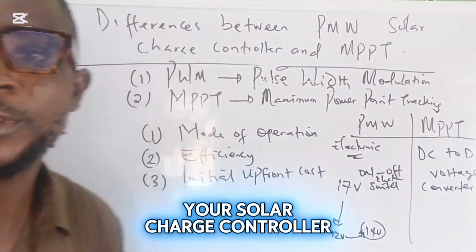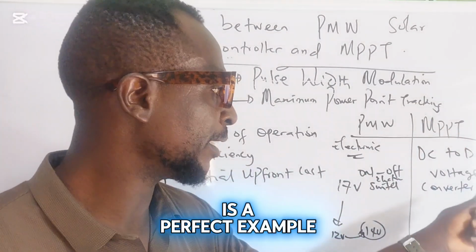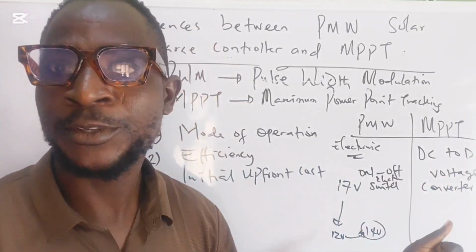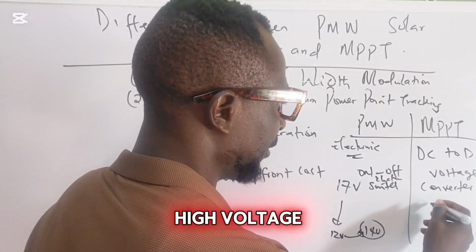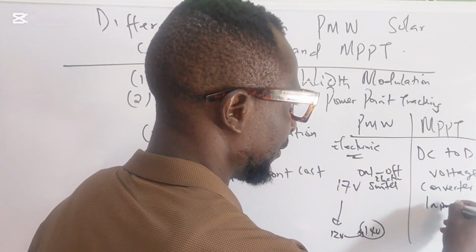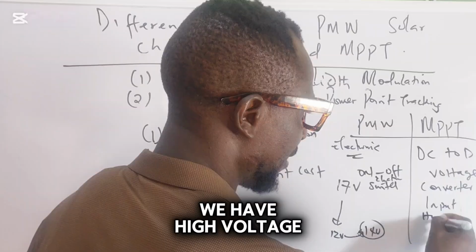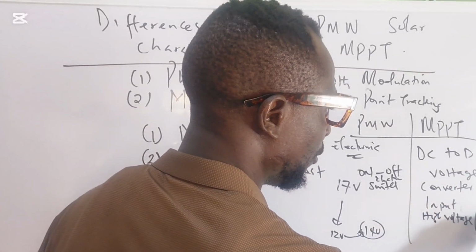MPPT solar charge controller is a perfect example of a DC to DC voltage converter. What does this mean? It takes high voltage, the input voltage, which is high. We have high voltage, slash low current.